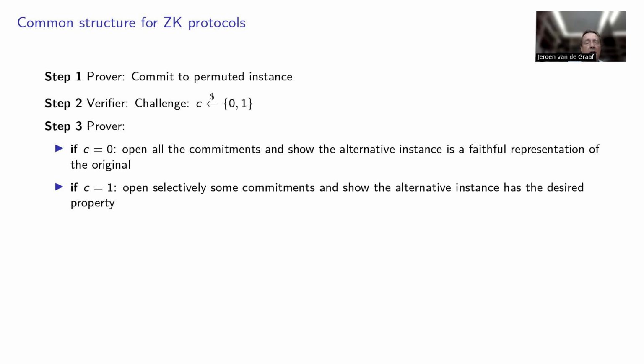In the second case, when c is 1, you're going to show that the desired property is satisfied. This is a very common structure for the zero knowledge protocols.